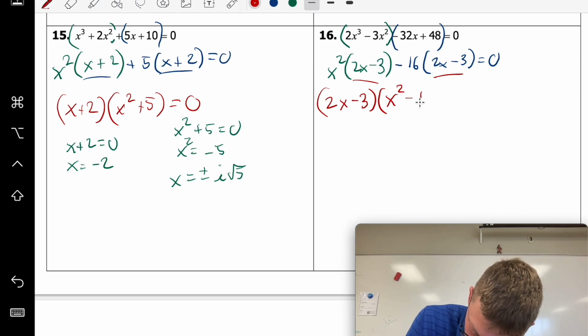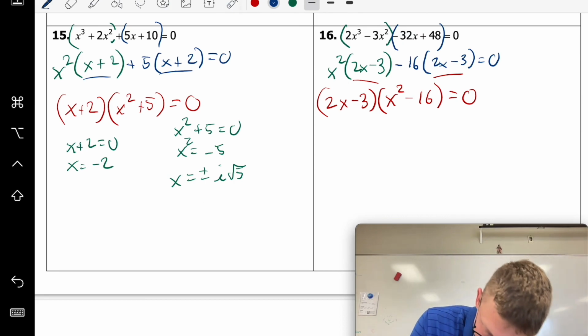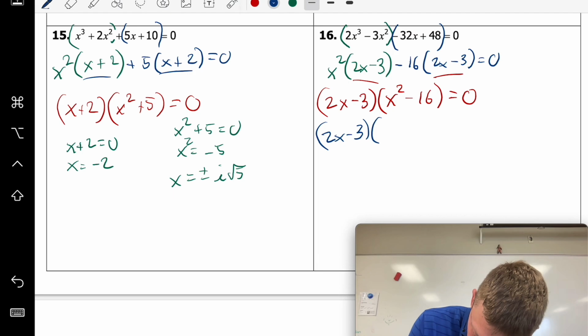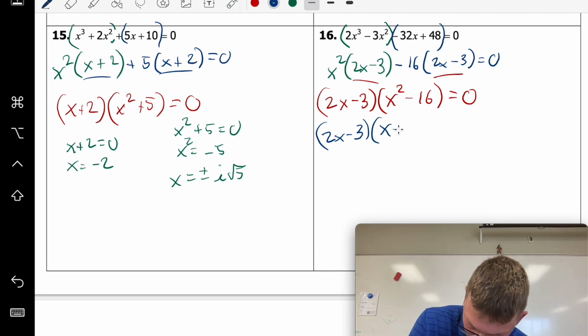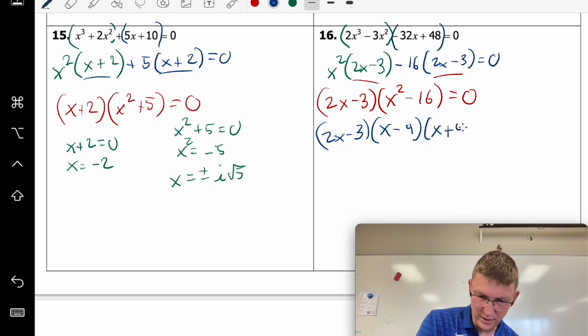x squared minus 16 equals 0. Oh, look, it's a square minus a perfect square. So yeah, that's right, we're going to do some difference of squares now. So don't lose our first term. It's still there. But now we're going to have x minus 4, x plus 4 equals 0.